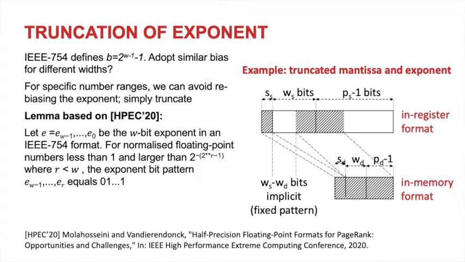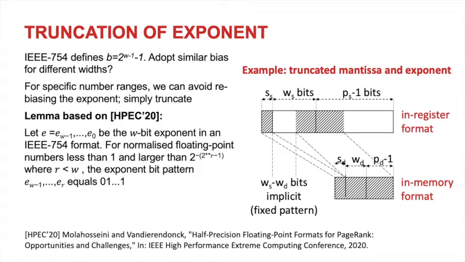A very important idea behind the number formats and the conversion was made by a colleague at Queen's, who observed that bit patterns in the numbers very often remain the same. In particular, this relates to the exponent, where the high order bits are constant under certain conditions of the values that we're trying to represent.